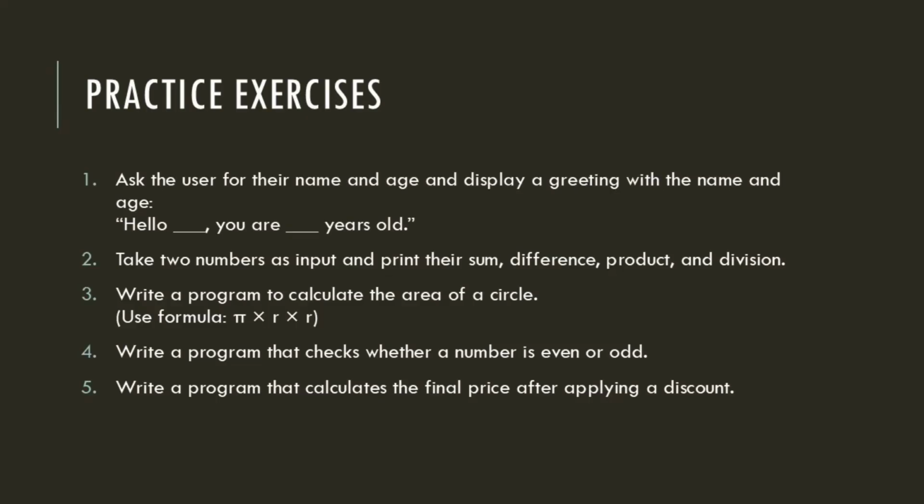Use the formula pi r squared. Fourth, write a program that checks whether a number is even or odd. Fifth, write a program that calculates the final price after applying a discount. These simple exercises help you build confidence.